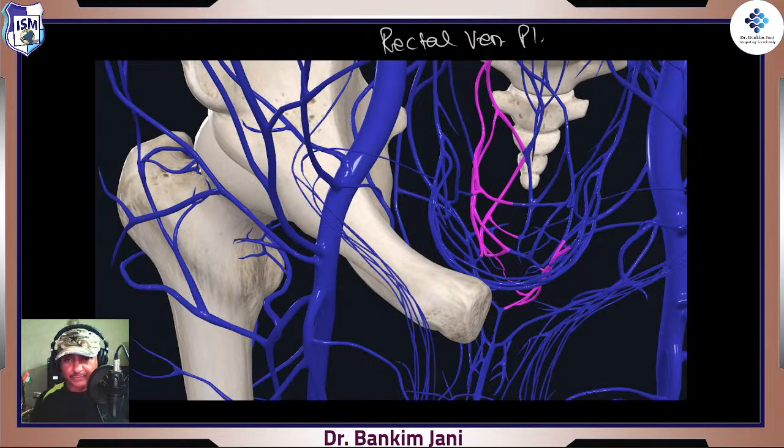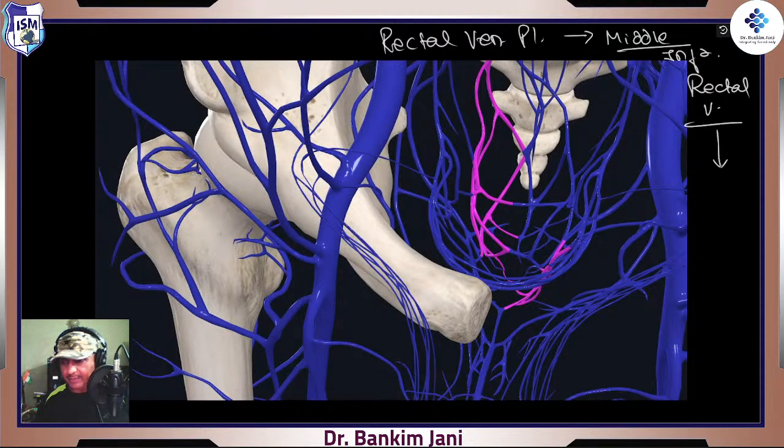And in the rectal venous plexus, we talked about this, right? Middle and inferior rectal veins, and these will be landing into the internal iliac vein.